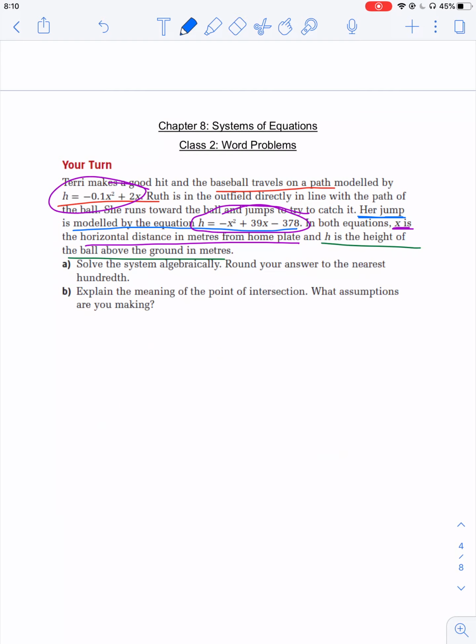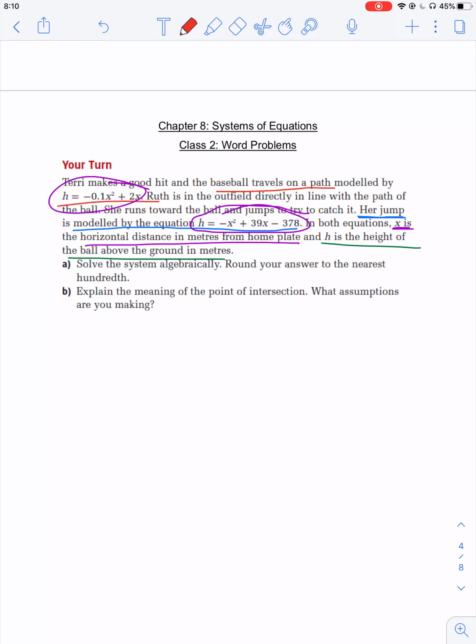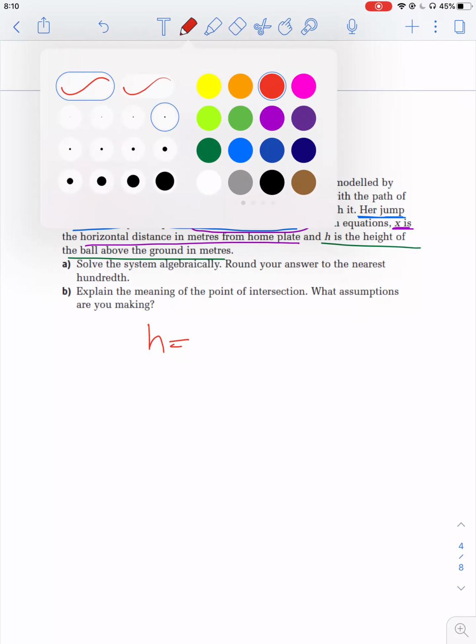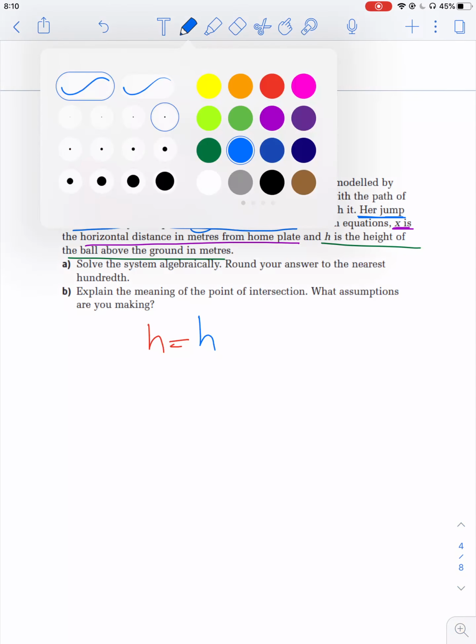Obviously use your graphing calculator if you would like some visual support, but all you have to do is use comparison. So H in red equals my H in blue. I'm just going to remove the purple stuff over here. This is the blue one, and this is your red one.